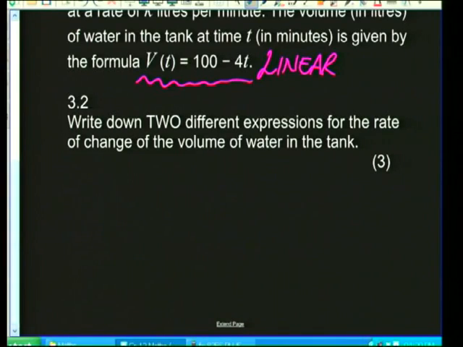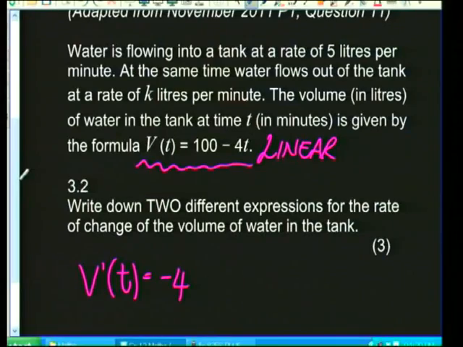If I were to work out the derivative of the function, we would just end up with negative 4. So no matter at what point in time we're talking about, it's going to be working at a rate of change of negative 4.